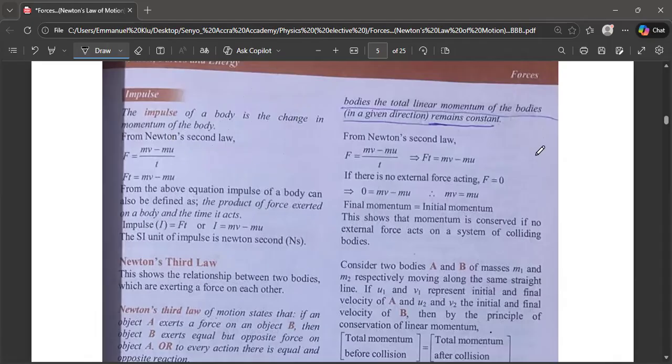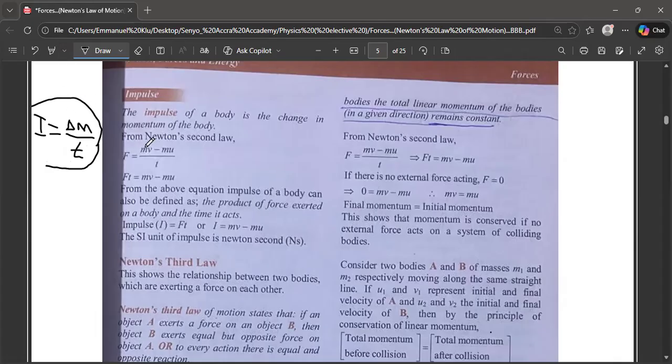If you want to explain this mathematically to a Chinese man, you tell him that impulse I is equal to change in momentum, mv minus mu, over time. So you say that impulse is the ratio of change in momentum to time taken.